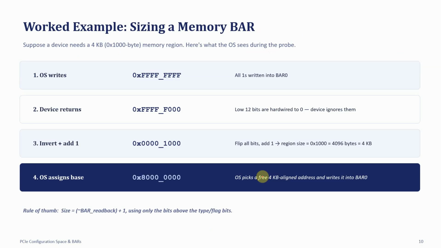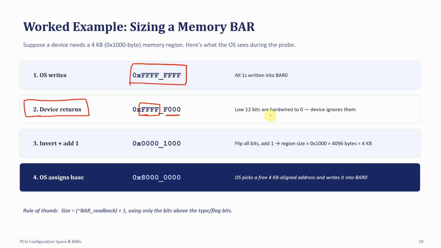Let us see this with one example so that it will be more clear. In step number 1, you can see the OS writes all ones into this BAR. In step number 2, the device returns this information: the first bytes are FFF, and the last is returned as F000.